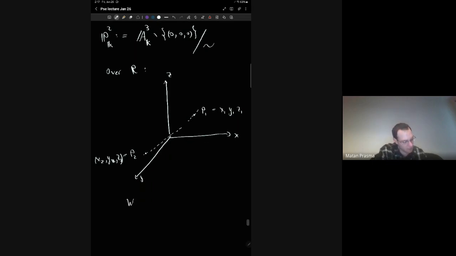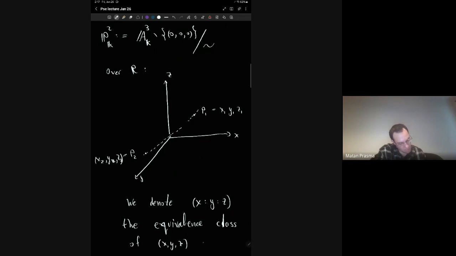So we denote x colon y colon z the equivalence class of x, y, z in the projective plane.